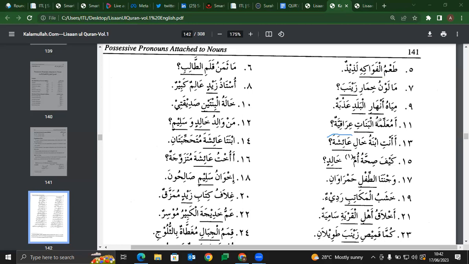Aishata is female. Khali is female. Khalika, sorry, it is male. It will be khaliki, right? See, how did you translate this sentence? Are you the daughter of Aisha's aunt? Now Aisha's aunt is not present there, is she?